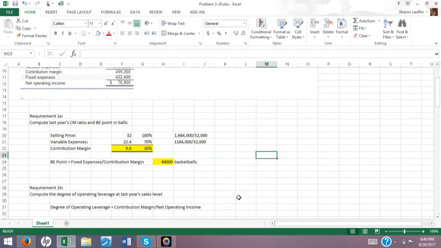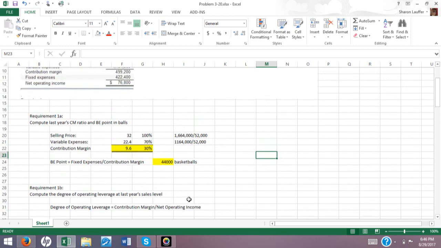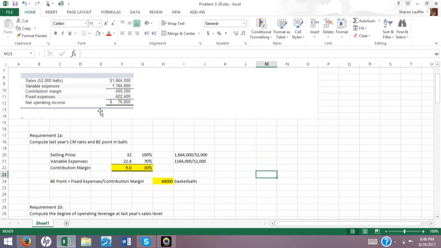To do that, and I've put the formula here again, our degree of operating leverage equals our contribution margin divided by our net operating income. We get that from up here in the chart. Our contribution margin is $499,200. Our net operating income is $76,800.